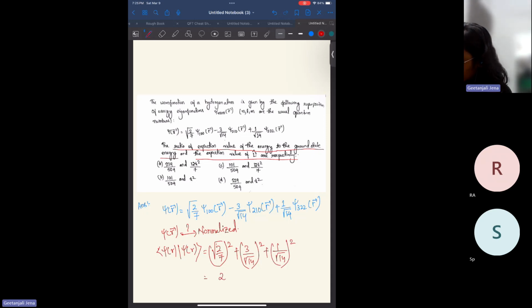So this means this is 2 by 7, 9 by 14, 1 by 14. So this is nothing but 1. That means this one is normalized, so you don't have to normalize it.